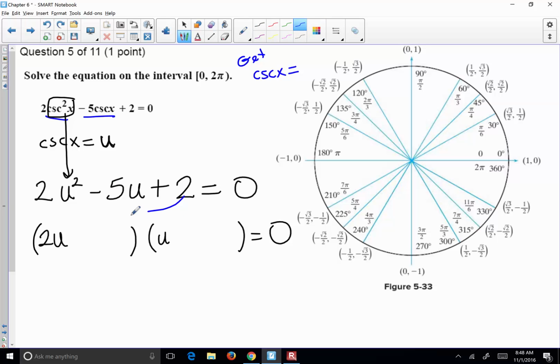Important part is, how do you split this 2? When you FOIL this thing, multiply outside and inside terms and add, they need to make minus 5u.